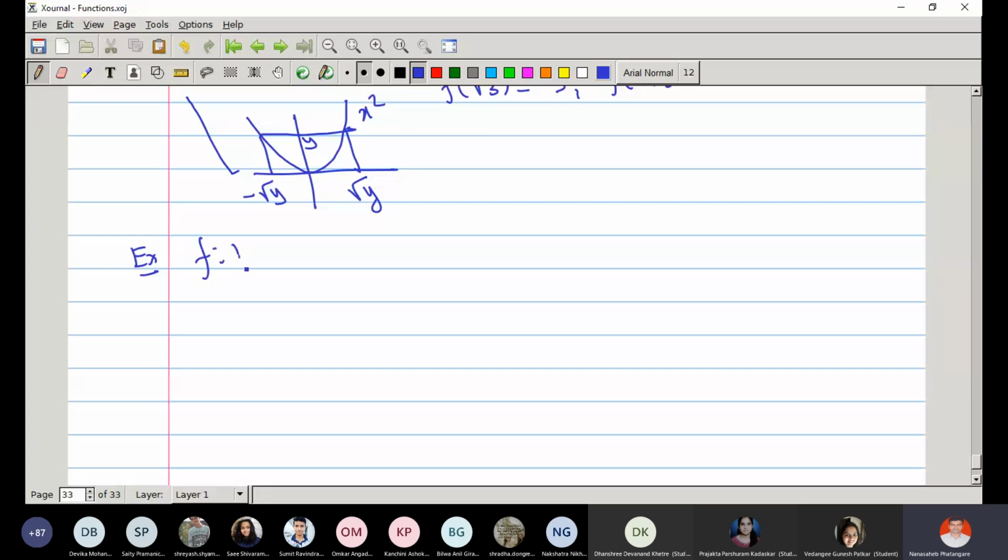So if I define f from R to R, f of x is equal to 3x plus 5, is f onto? Is this function onto?